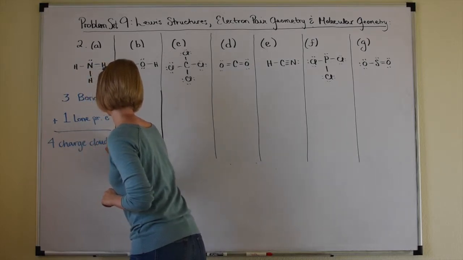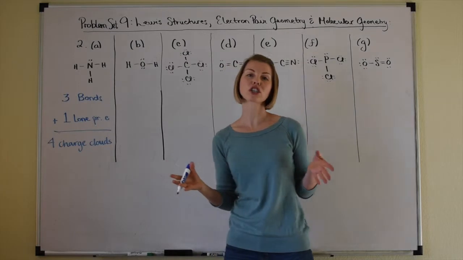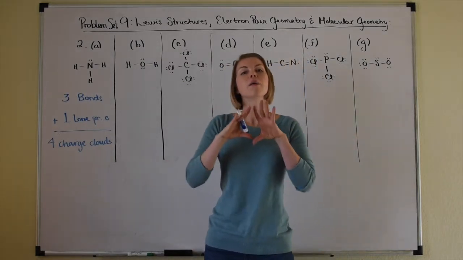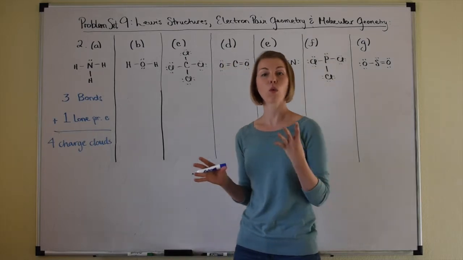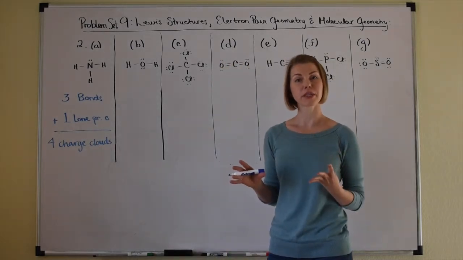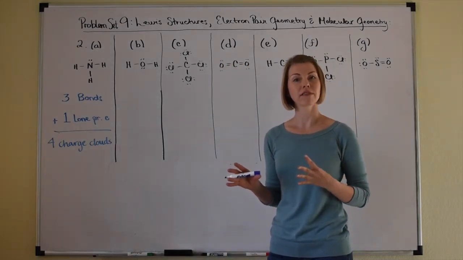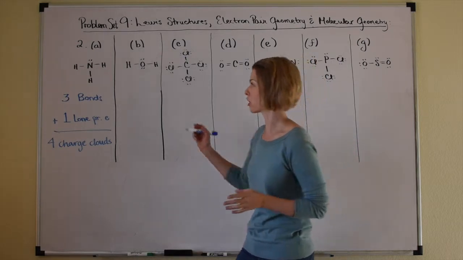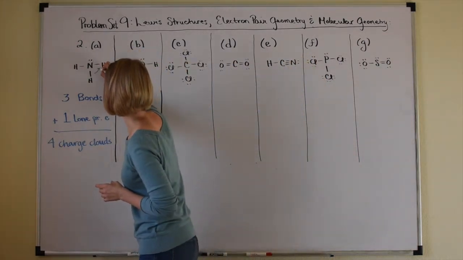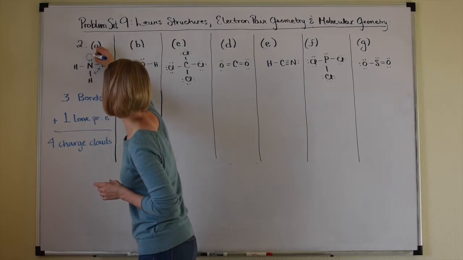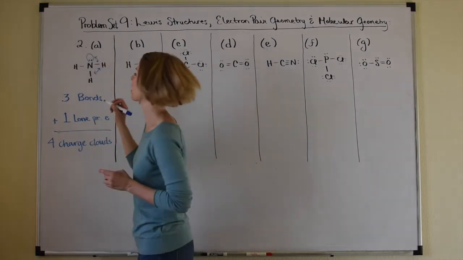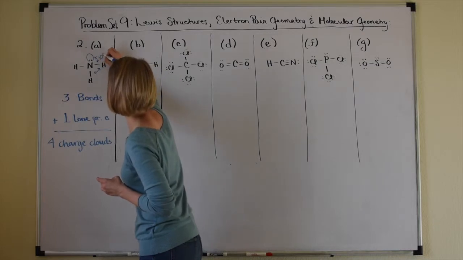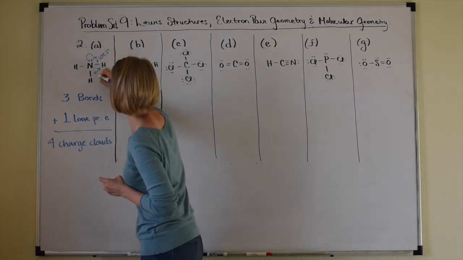And remember that those charge clouds are going to repel maximum distance apart in three-dimensional space. For 4 charge clouds, that's going to be 109.5 degree angles apart. So these angles, including the angle between the lone pair and the bonding pair, will be 109.5 degrees.